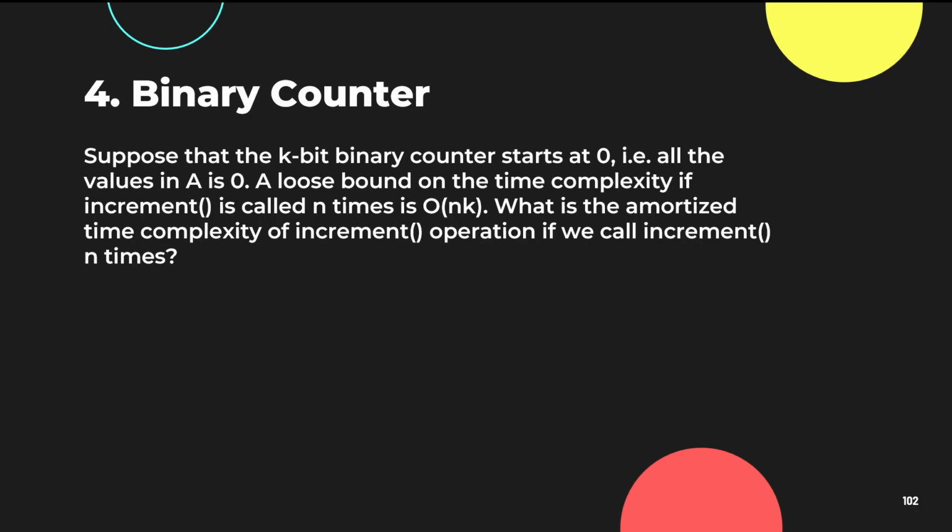But then you have n times you increment, then there will be O(nk), because you have to flip everything. But in reality, most of the times you only flip the first bit. So it will be too loose of an estimate if I take O(k) instead. So the question here is, what is the amortized time complexity of incrementing n times?